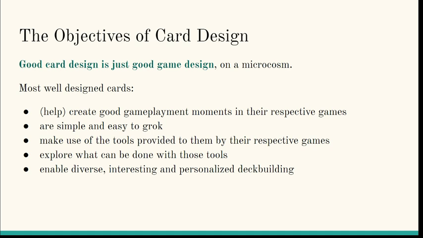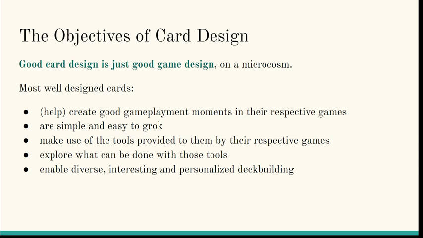So what are the objectives we're looking for in card design? If there's one thing I want you to take away from this workshop, it's that good card design is good game design. Right? Just because we've gone from working with game mechanics as a whole to working with just the actual text on an individual card doesn't mean we're not still doing game design.